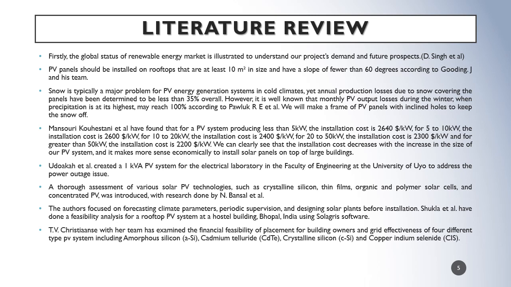T.V. Christianis with her team has examined the financial feasibility of placement for building owners and grid effectiveness of 4 different type PV systems, including amorphous silicon, cadmium telluride, crystalline silicon, and copper indium selenide.